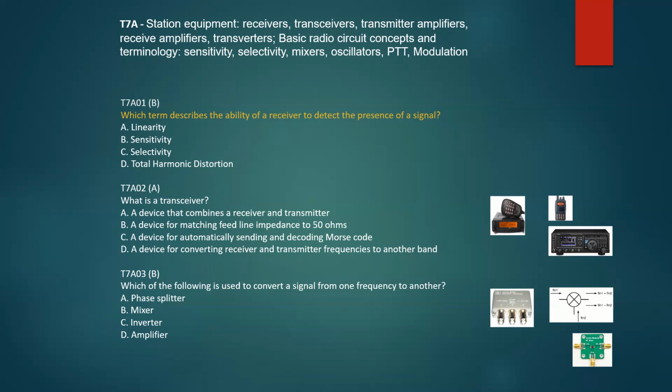Question A01. Which term describes the ability of a receiver to detect the presence of a signal? Well, you look at the question pool there: linearity, sensitivity, selectivity, and total harmonic distortion. Really, there's only 2 that make any real sense.